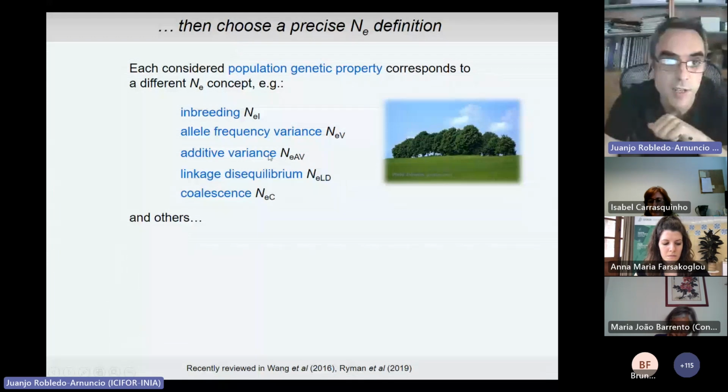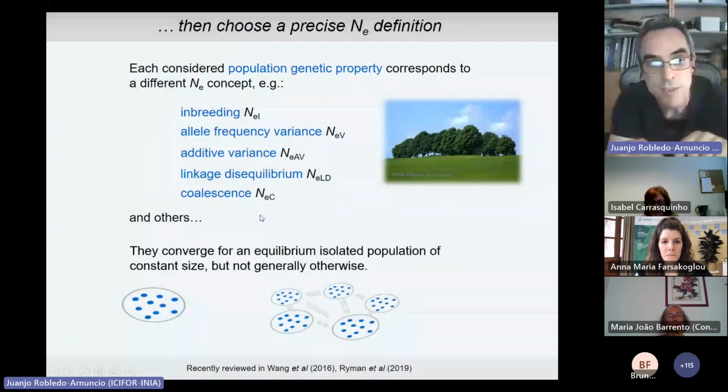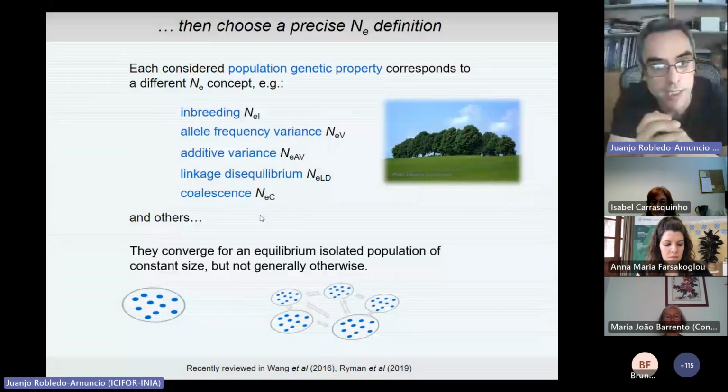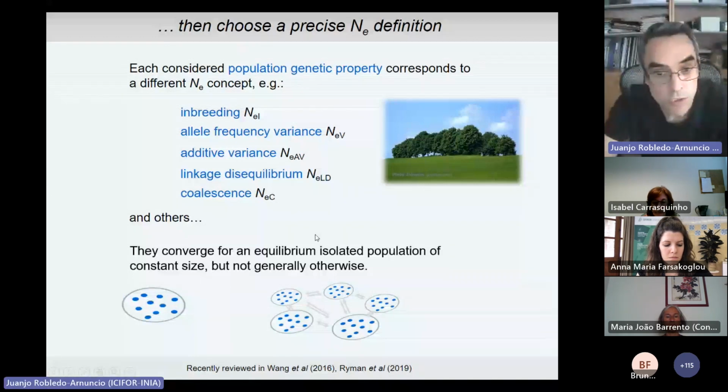We have the additive variance effective size, the linkage disequilibrium effective size, or the coalescence effective size, and others. An important point here is that if we have a discrete isolated population of constant size, all these definitions converge, but not generally otherwise, okay? So these values can be different if we have, for instance, a metapopulation.